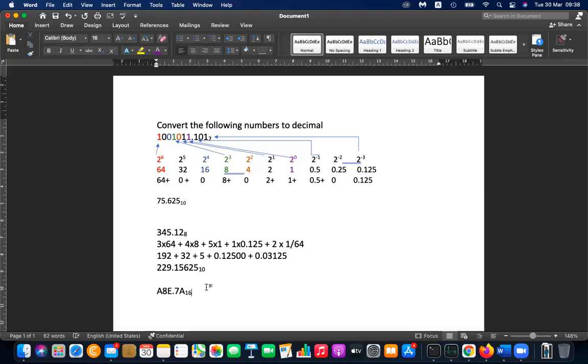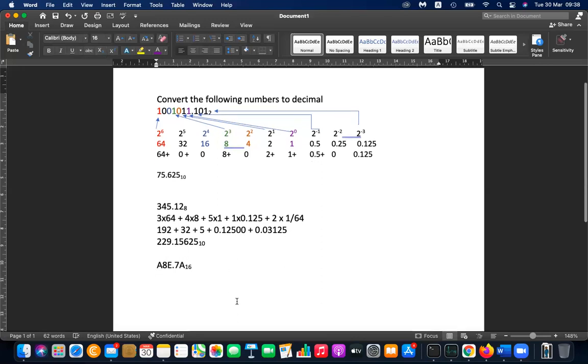So the last one, right. A means this is 16 to the power 2, 16 to the power 1, 16 to the power 0. 16 into 16 is 256, 256 into 10.